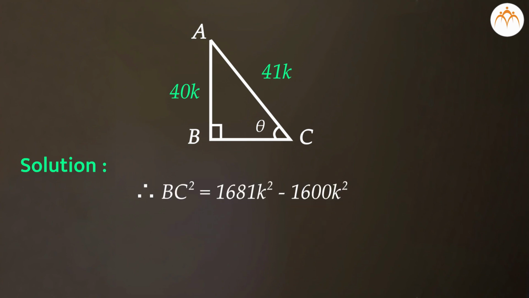Therefore, BC square is equal to 1681K square minus 1600K square is equal to 81K square. Therefore, BC is equal to square root of in bracket 81K square is equal to 9K.